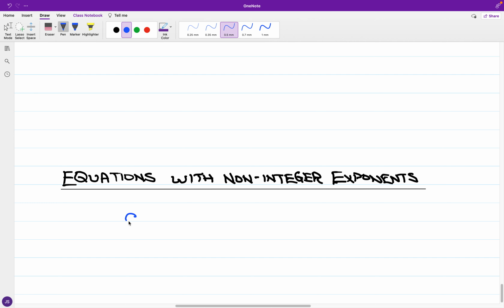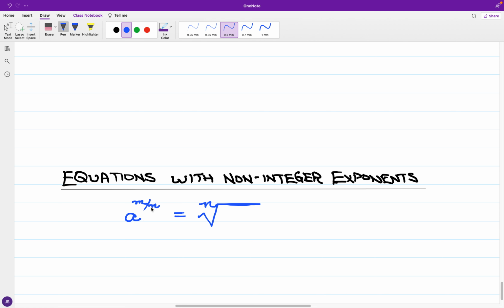So you have an exponential base a, and we have to the fractional power m over n. If I write this as a radical, if I have a non-integer exponent, it could be an integer, but we'll say the m over n is a non-integer.